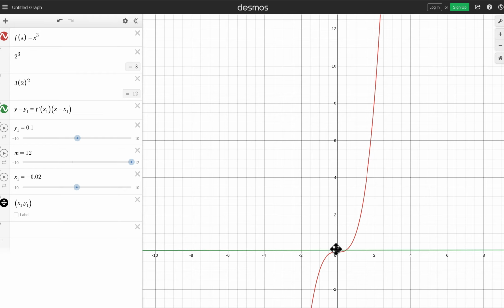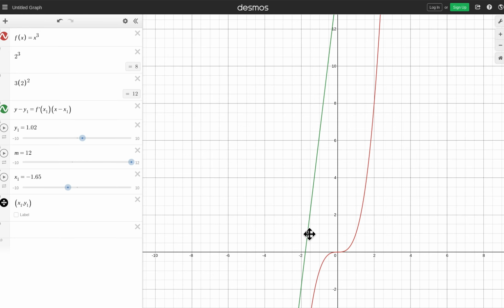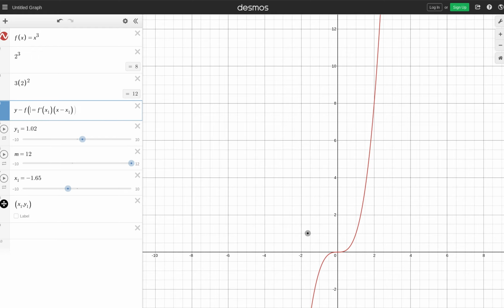But if we want to actually make this work, y1 cannot just go around everywhere. This point needs to stay on the line, and we know that the y value should equal f of x.